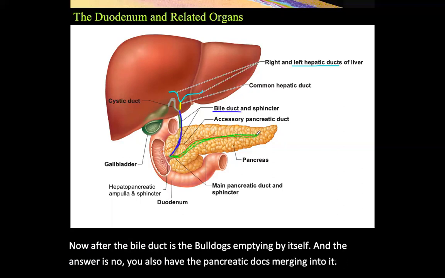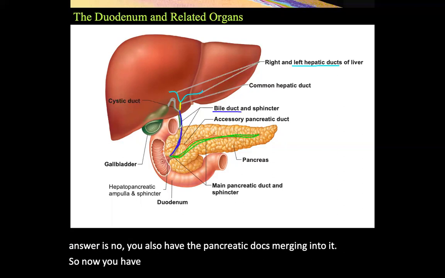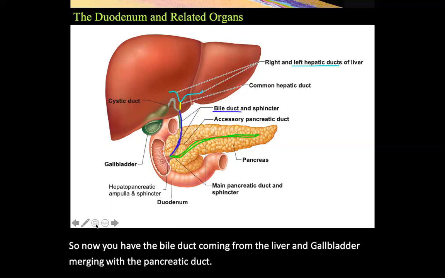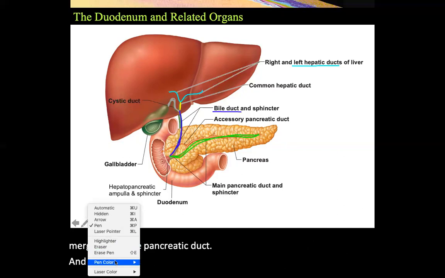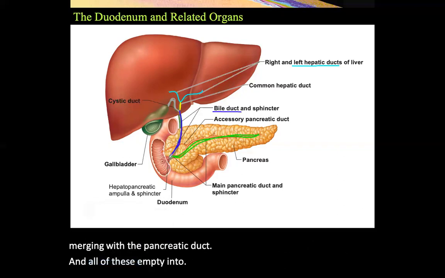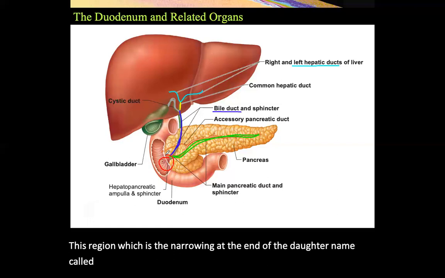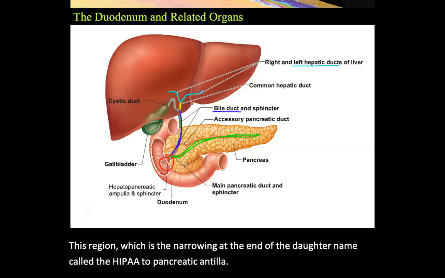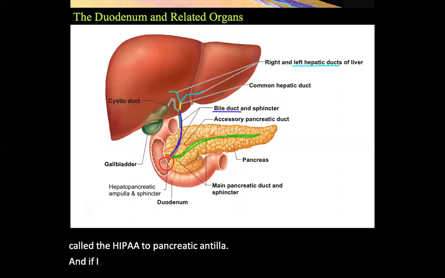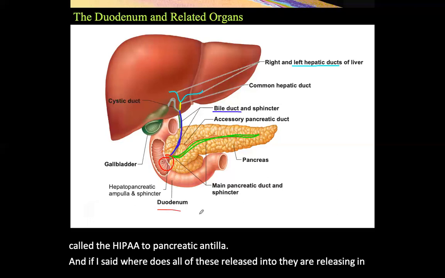So now you have the bile duct coming from the liver and the gallbladder merging with the pancreatic duct. And all of these empty into this region, which is the narrowing at the end of the duodenum called the hepatopancreatic ampulla. And if I say, where do all of these release into? They are releasing into the duodenum.